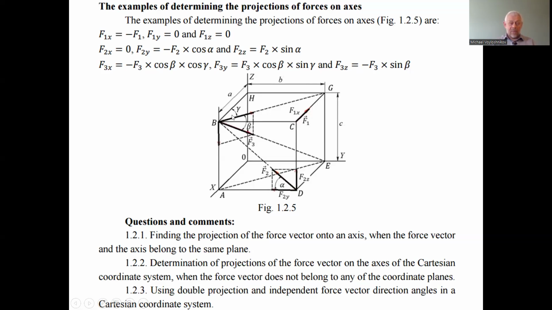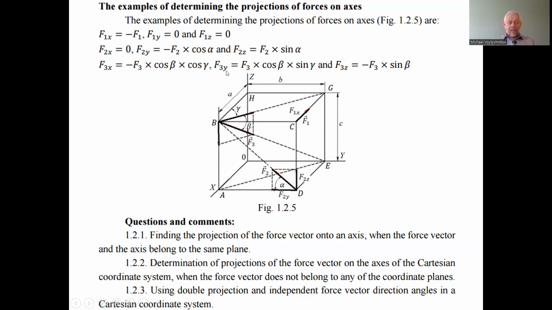We use the gamma angle, and we multiply as well by cosine gamma. First, we decompose this force to determine the components of force F3 which are parallel or perpendicular to each of the coordinate axes.